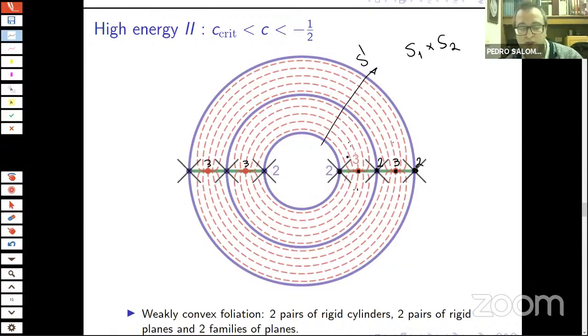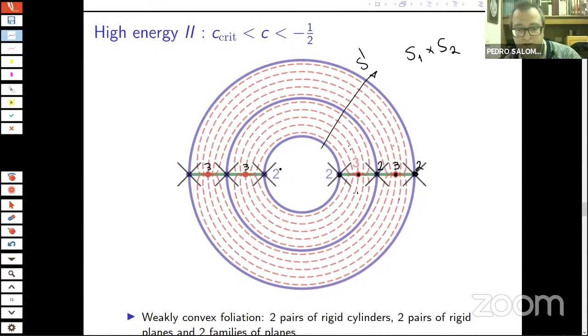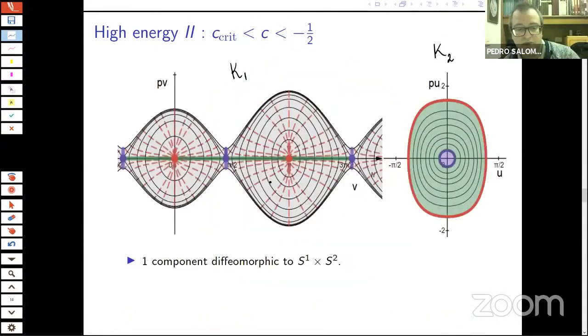So this is essentially what's happening with the dynamics when you increase a little bit the energy, for the first interval of high energy, for small high energy. So we have the situation here. So that's the foliation that projects as a foliation in these 2 planes, like I'm showing here. So this is the Lyapunov orbit in the neck region.